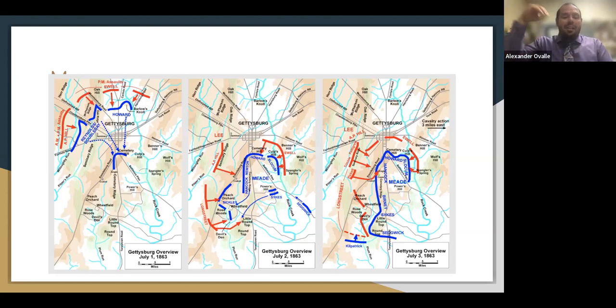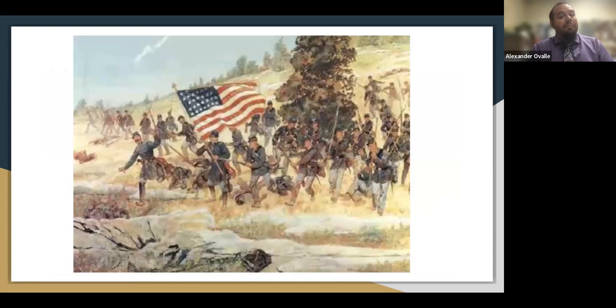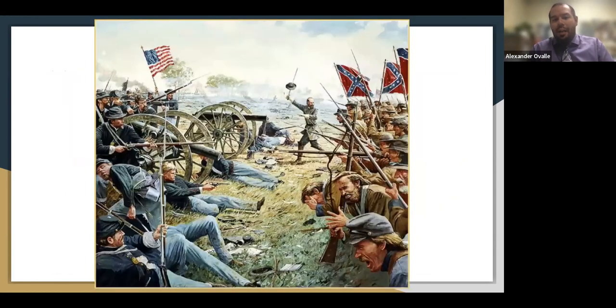The Confederate soldiers are going up a steep hill, and the Union soldiers only have to shoot down. See what I mean? Another portrait of Gettysburg. Pickett's Charge. A portrait. They probably didn't fight this close. Let's be honest. It's a portrait.